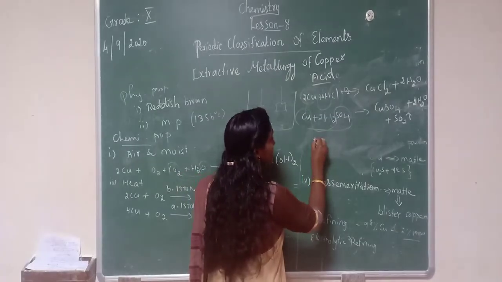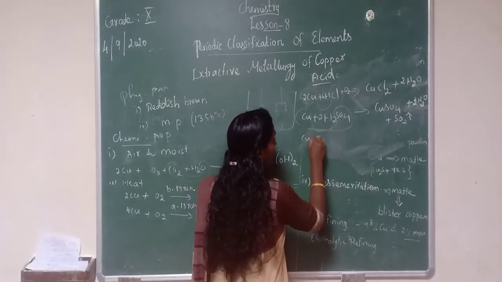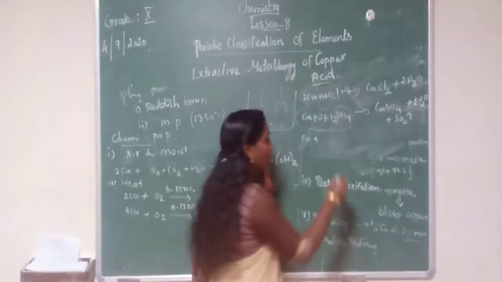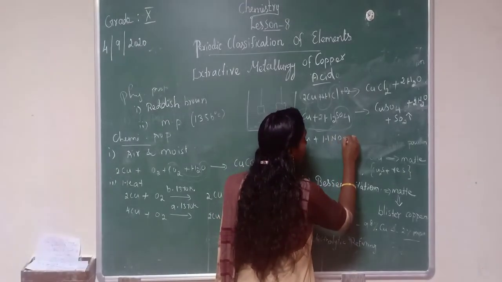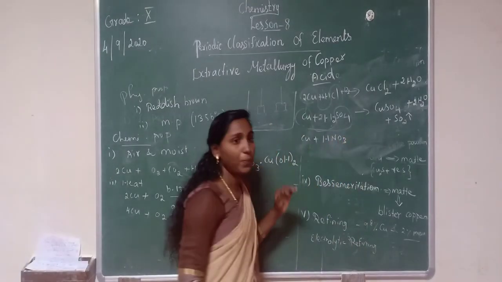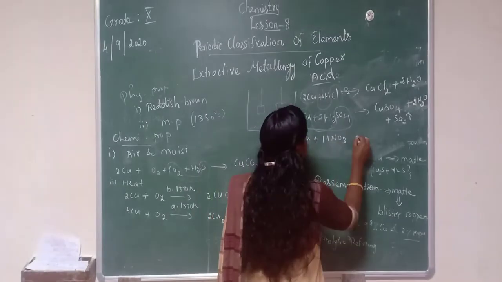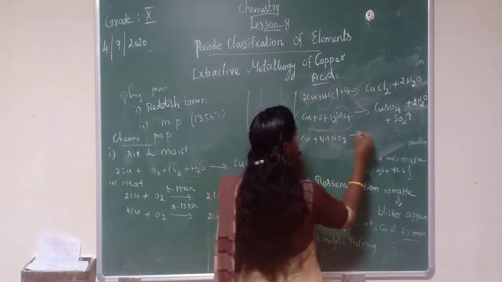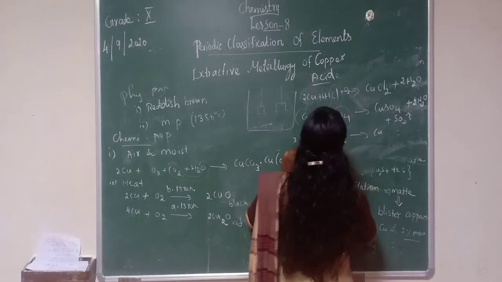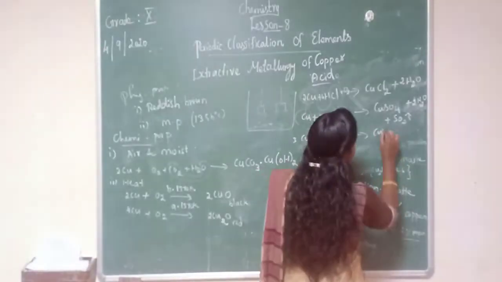Then copper reacts with nitric acid. Nitric acid formula is HNO3. Copper reacts with nitric acid. It can form copper nitrate, NO3 twice.